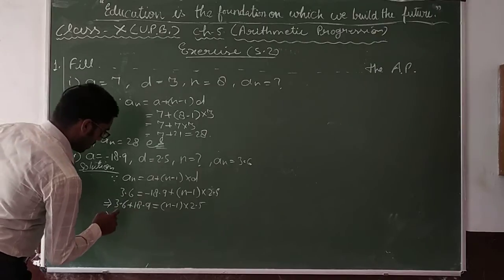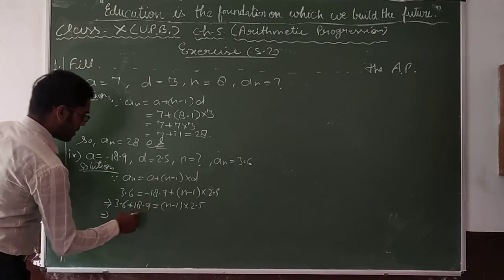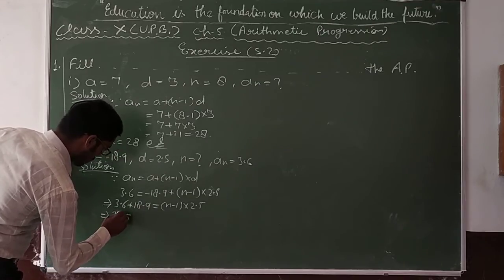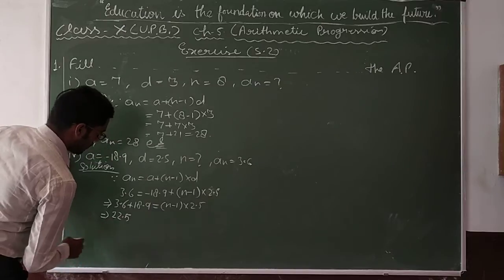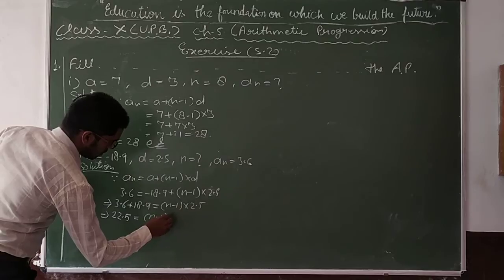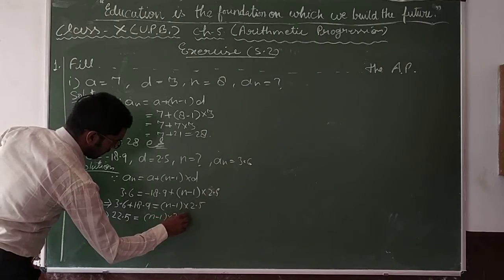Add it, that will become 22.5, which is equal to (n minus 1) into 2.5.